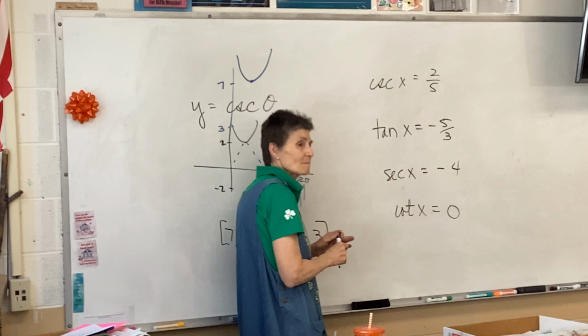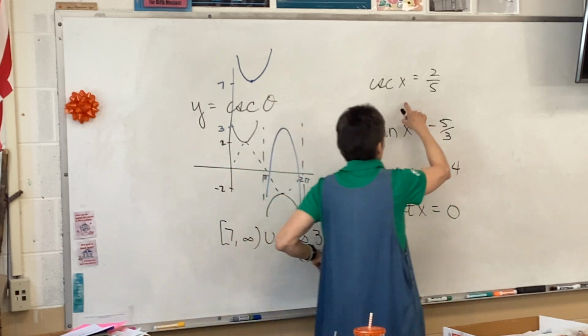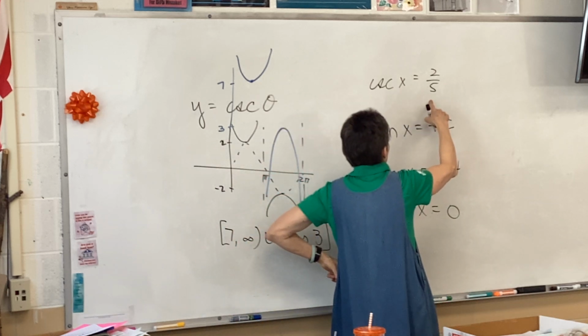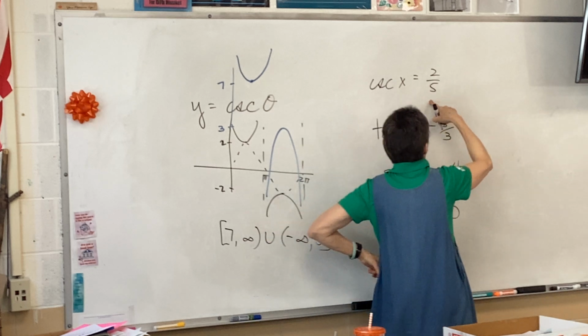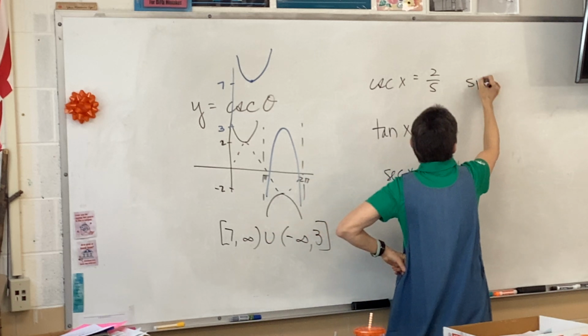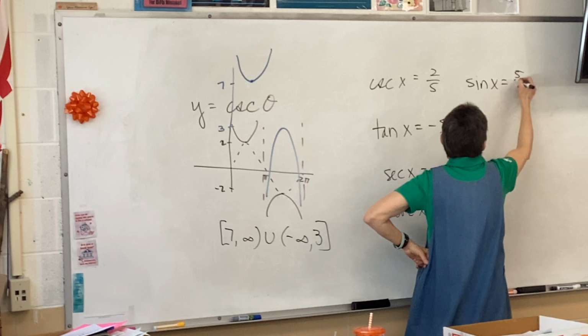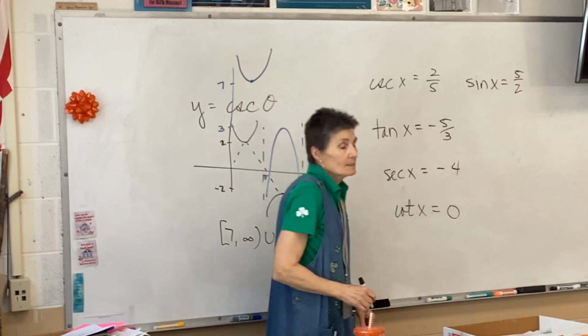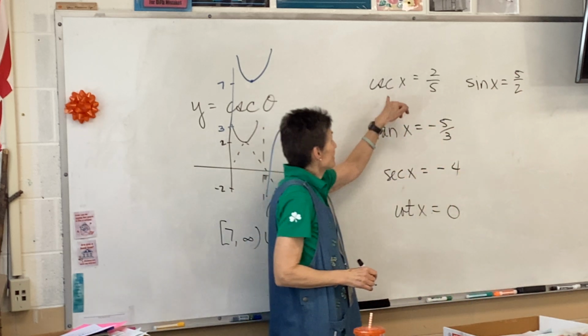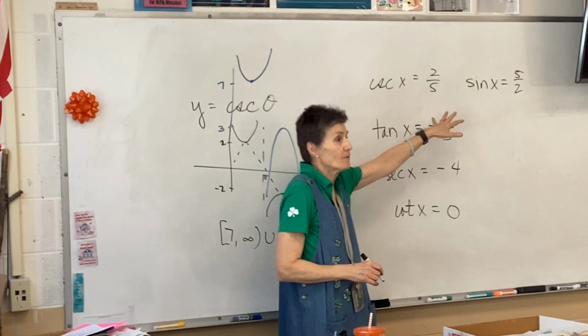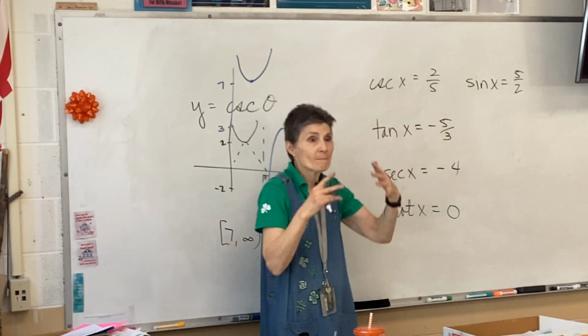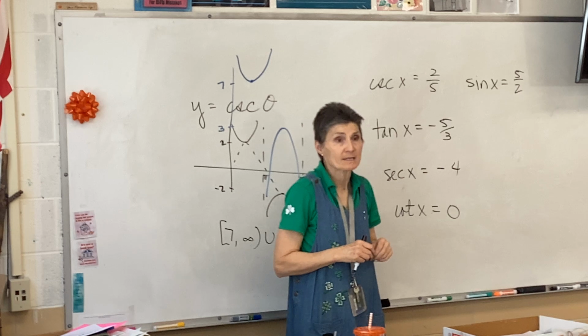Because you get the cosecant to equal 2/5, and that can't be right because an inverse of something less or equal to 1 can't be less or equal to 1. I like that. If the cosecant is 2/5, then doesn't that automatically mean the sine is 5/2?